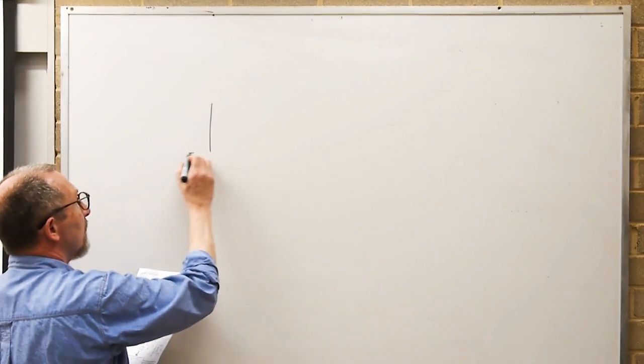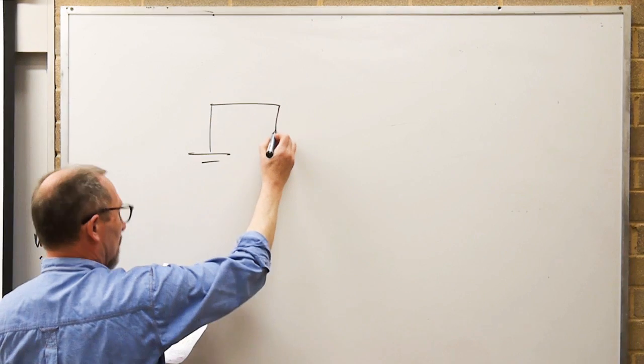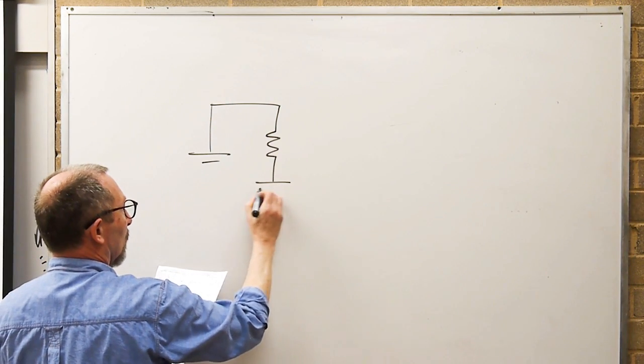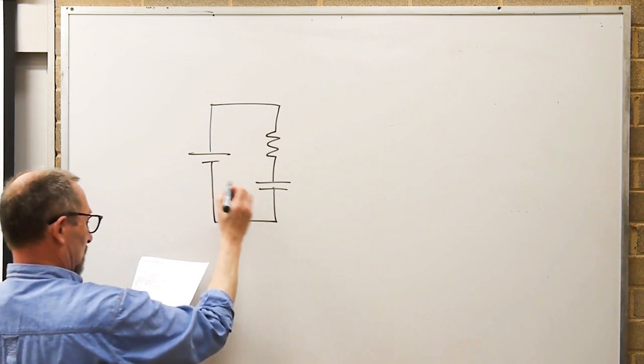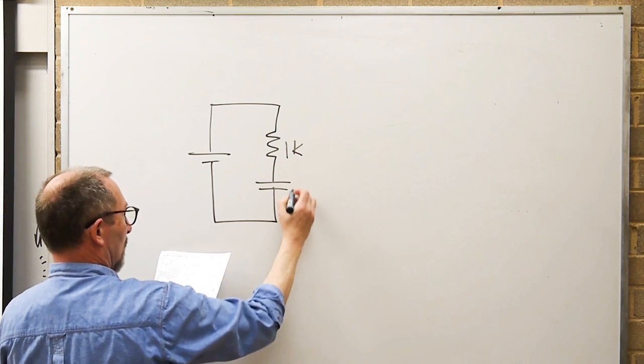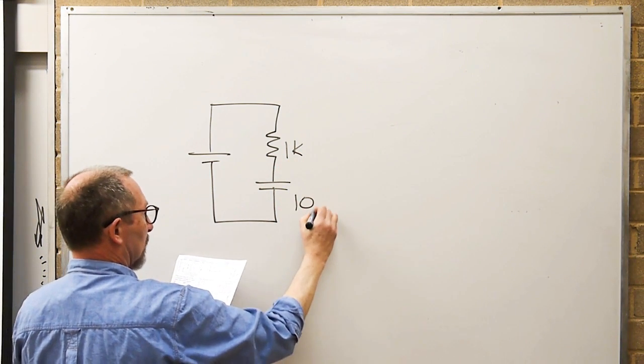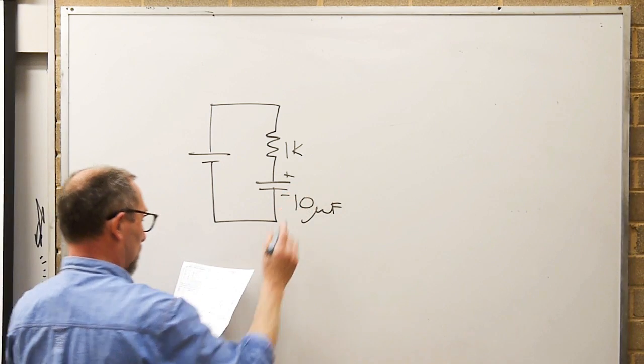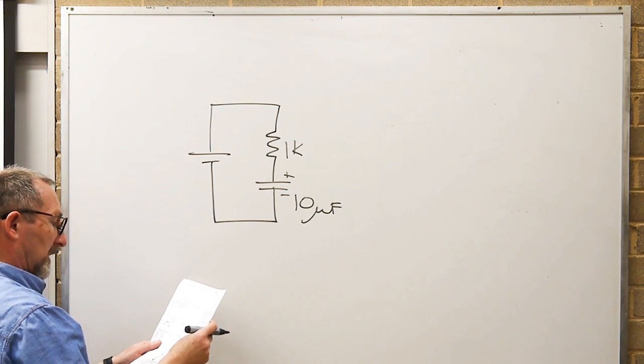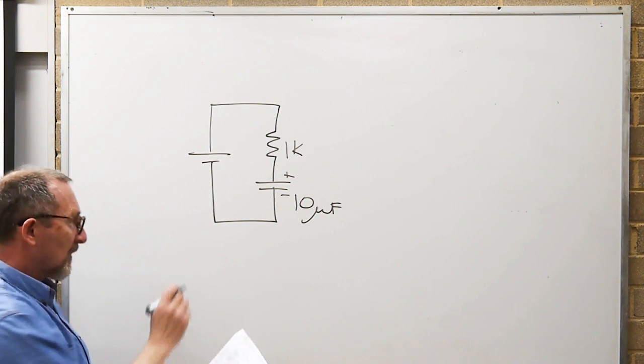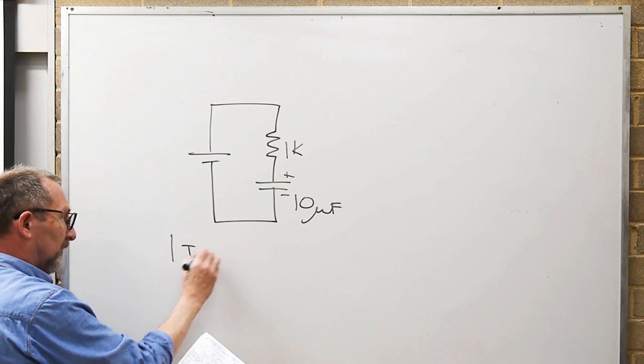Question 6 had a 5-volt battery, 1K, 10 microfarads, and it said after a capacitor has charged for 1 TC.